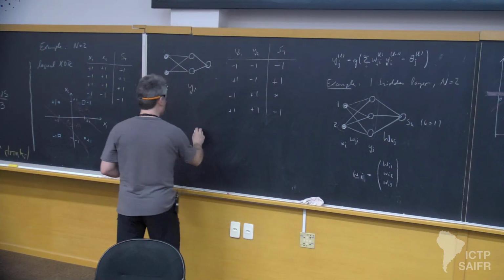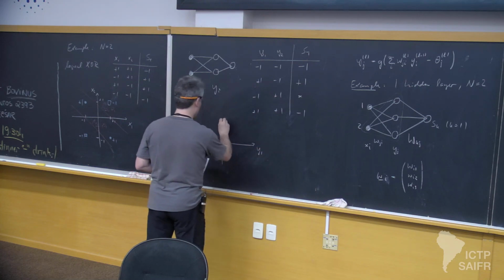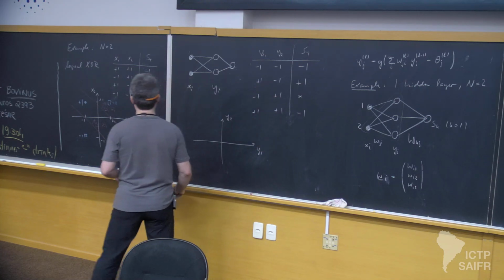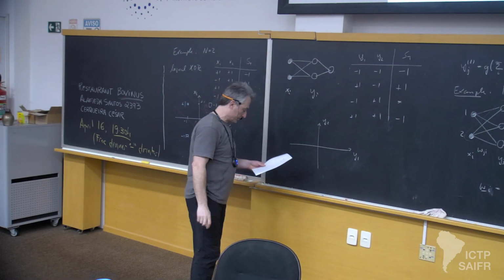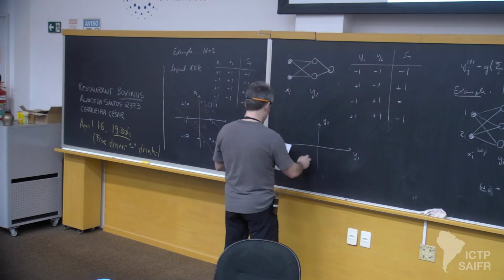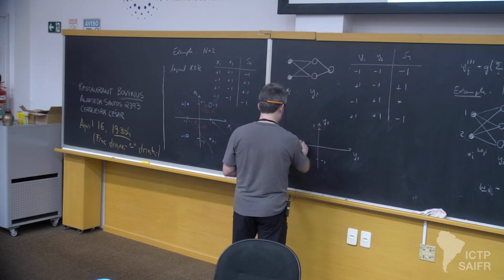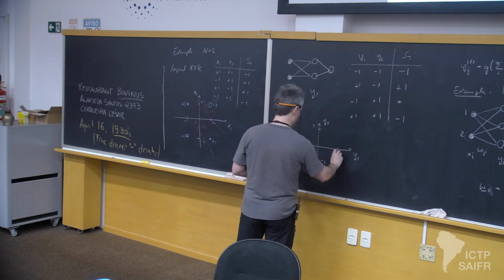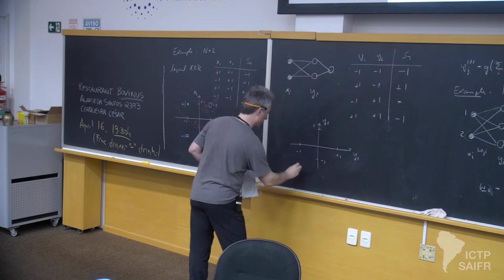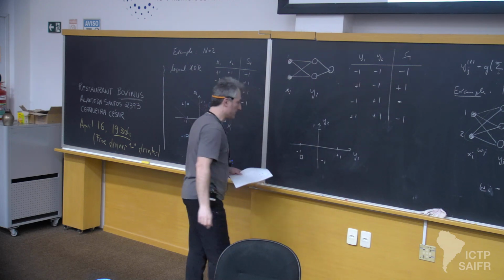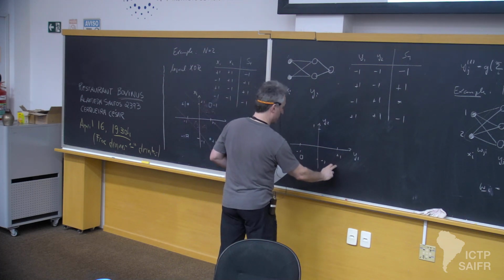And if I translate that now, sketch that in the Y plane, in the feature space of the hidden layers, so to say, then I have 1 here, -1, -1, +1. So I have -1, -1 gives -1. So this is this here. +1, -1 gives +1.